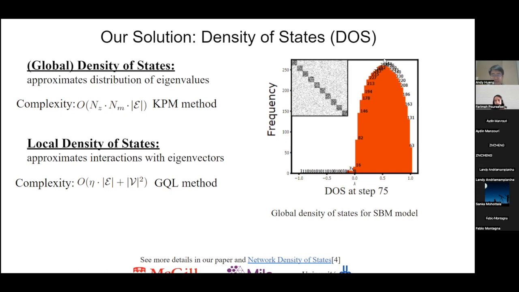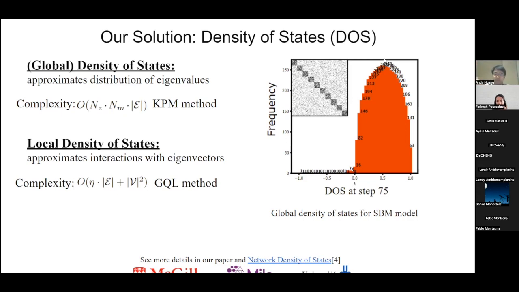Now you have this fixed range, and the density of states is essentially a discretization method, where depending on your choice of hyperparameter, it divides this fixed range into small fixed-size intervals.